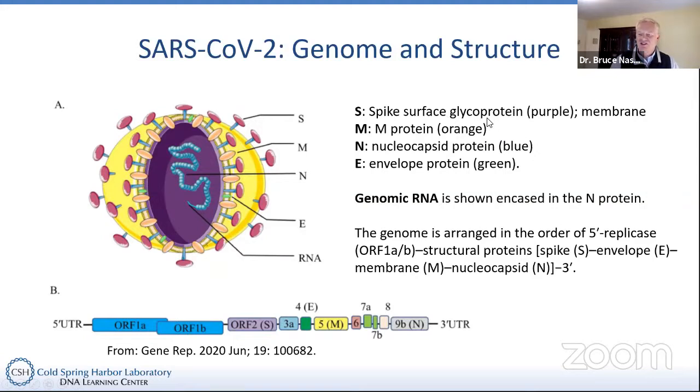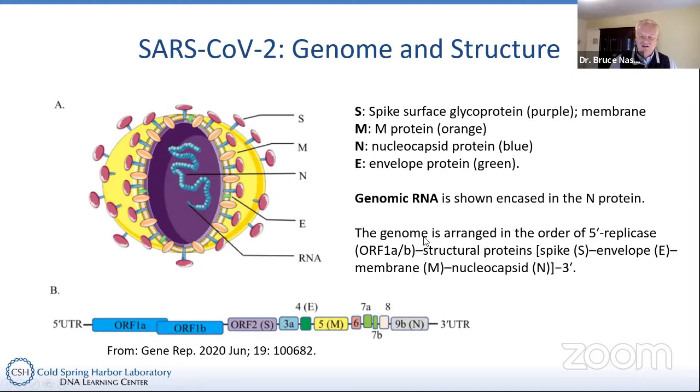And attached to the proteins are some sugars. That's why it's called a glycoprotein. Okay. There are other structural proteins, the M protein, and then a protein called a nucleocapsid protein that wraps itself around the genome, the genomic RNA. Okay. And then there's an envelope protein, which is also part of the sort of surface of the virus.